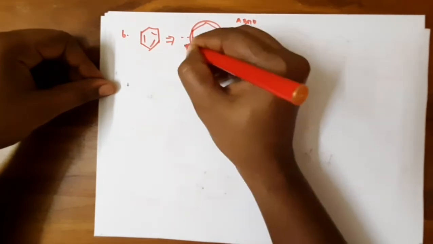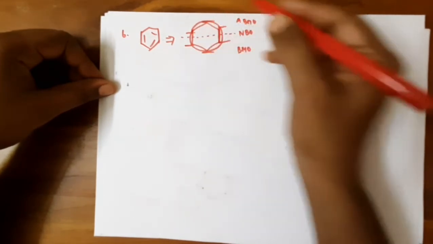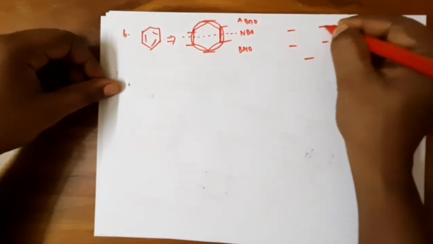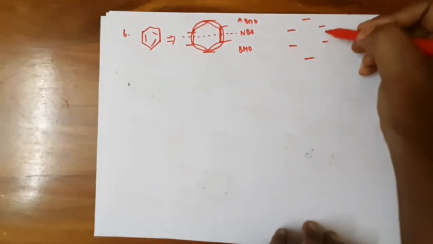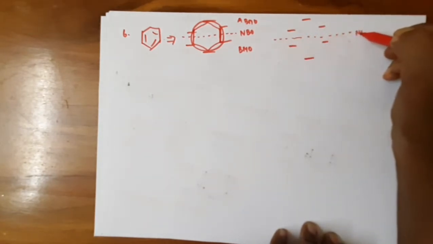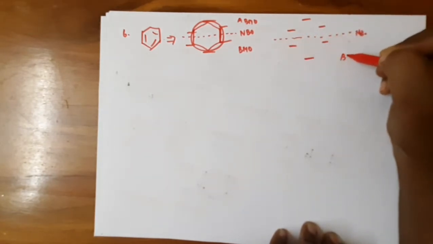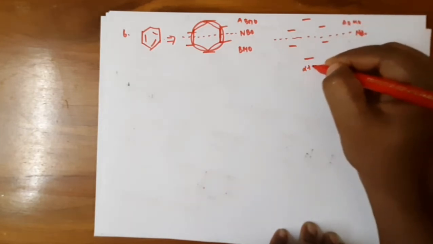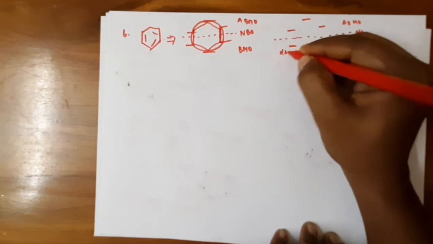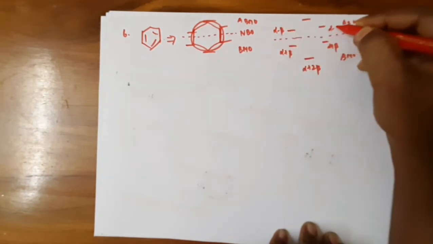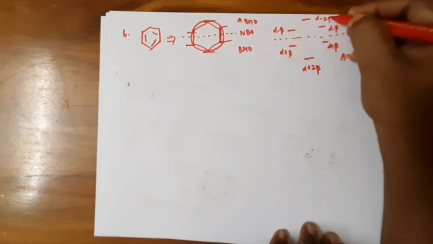As for the energy levels, there are 6 energy levels, and 2 pairs of the energy levels are degenerate. So this is the horizontal line, with the bonding and anti-bonding molecular orbitals. These are the energies: alpha plus 2 beta, alpha plus beta, alpha minus beta, and alpha minus 2 beta.